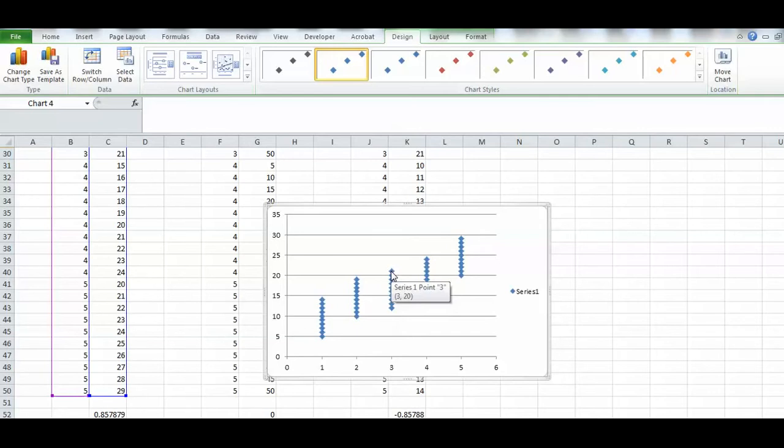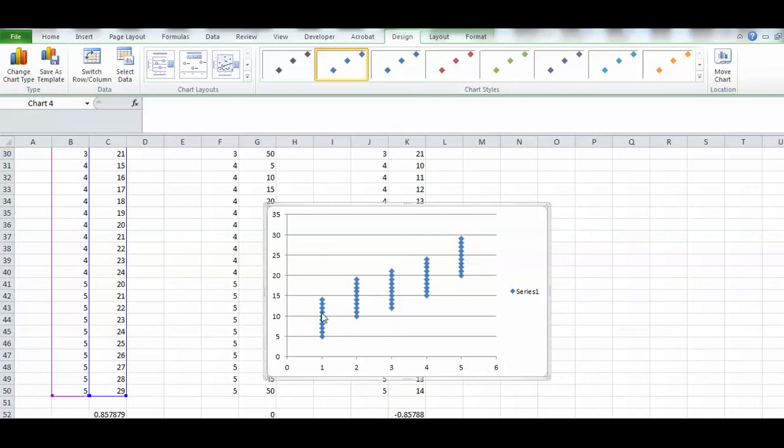See, this one is 3 and 20 at the top, and this one is 3, 12 at the bottom. These 10 people who have 4 children are all working between 14 and 24 hours per week. And these 10 people who have 5 children are all working the most. They're all working between 20 and 29 hours.